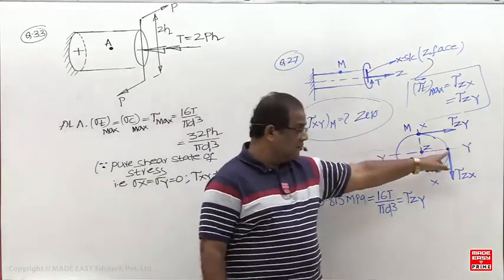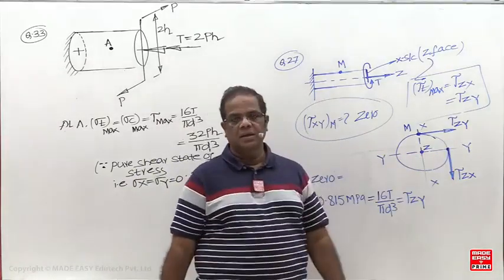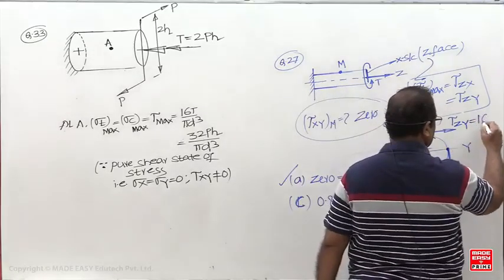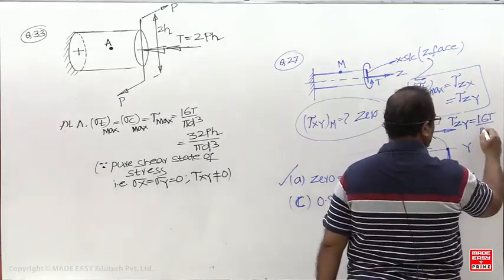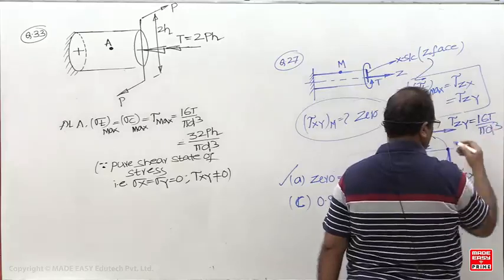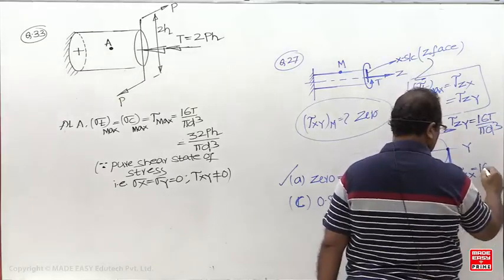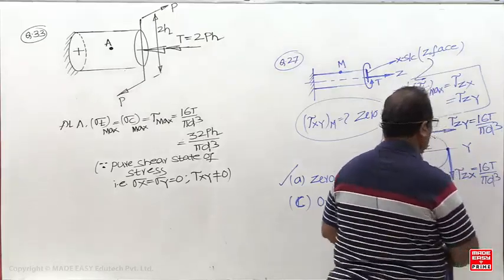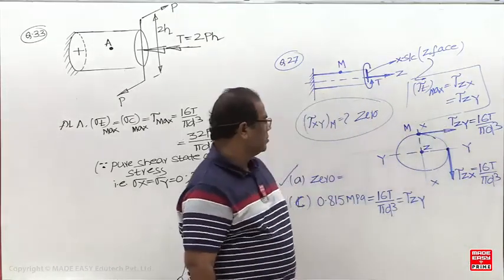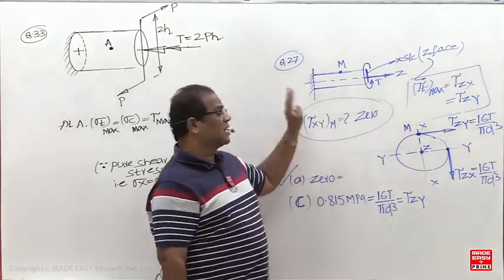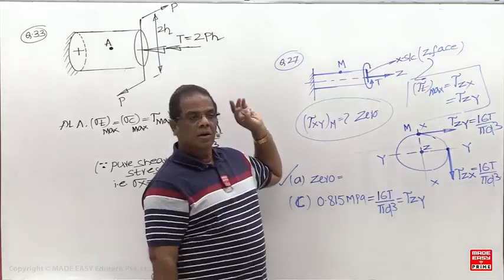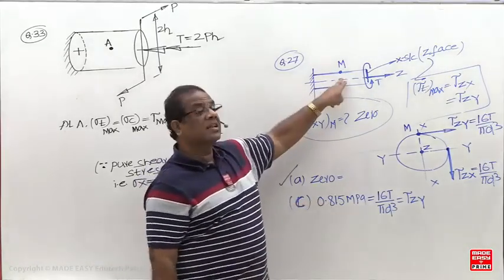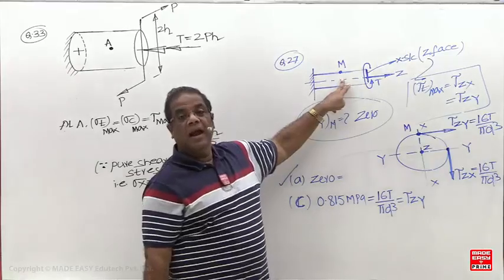But if the point is given here, then it should be tau zx. But for this question we can directly give the answer 0.